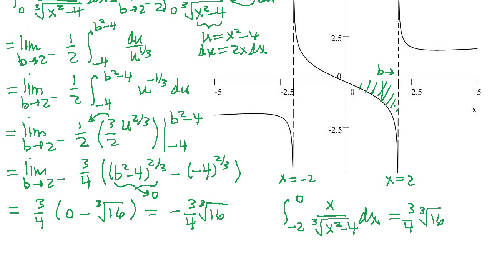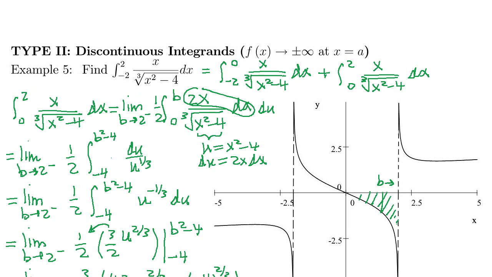And so one is negative, one is positive. So this one is positive 3/4 cube root of 16. This one's negative 3/4 cube root of 16. So that's 3/4 cube root of 16 minus 3/4 cube root of 16. And those areas cancel and give us 0 for the whole integral.